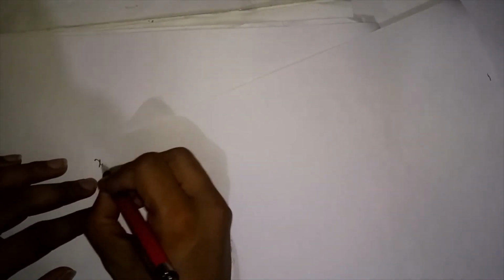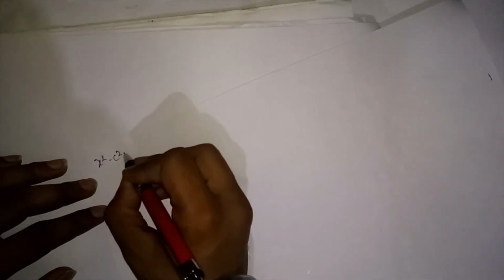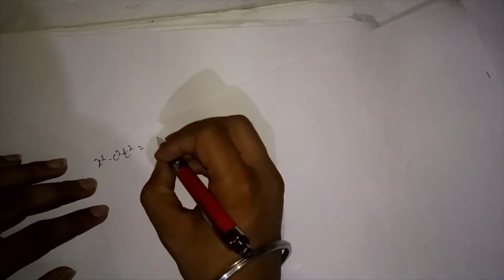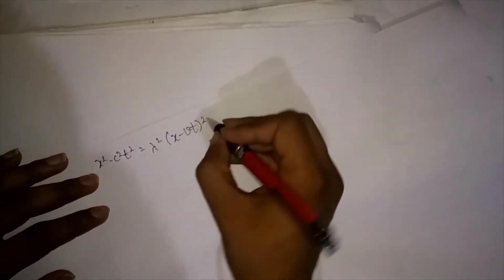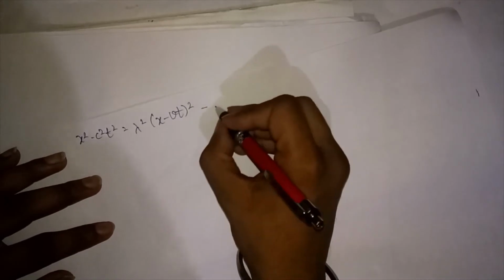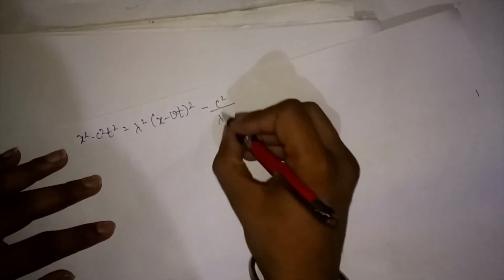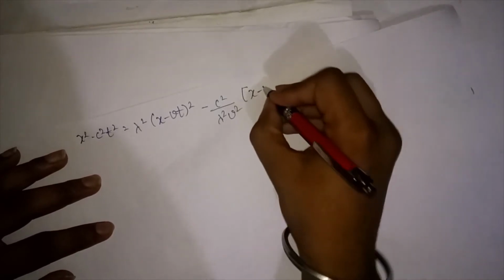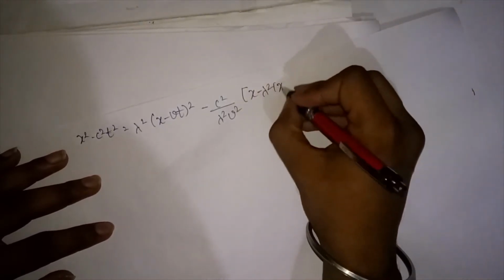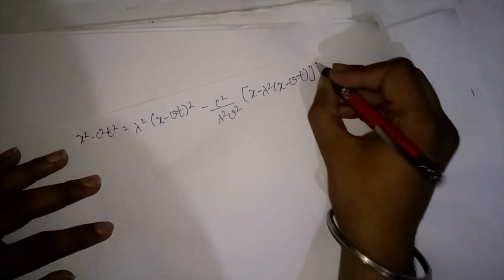Now moving forward, from both the equations, x square minus c square t square equals lambda square into x minus vt whole square minus c square into lambda square v square into x minus lambda square x minus vt whole square.